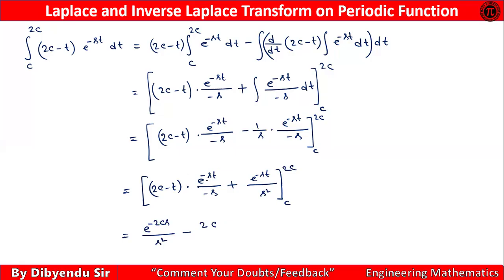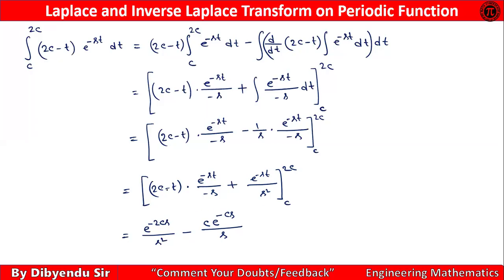If you put t equals to c, just a minute, I am putting the lower limit t equals to c. So this is c into e to the power minus cs divided by s. Yes, let me check again. First part is the upper limit 2c, e to the power minus 2cs by s square, minus the lower limit.